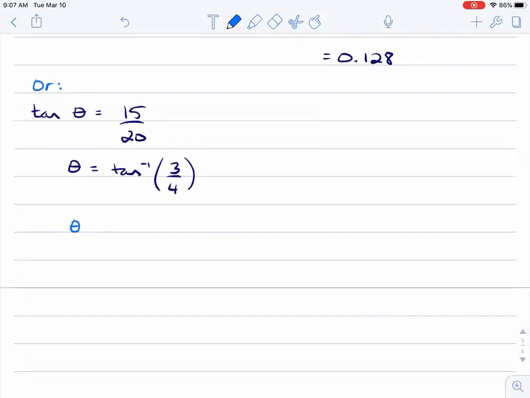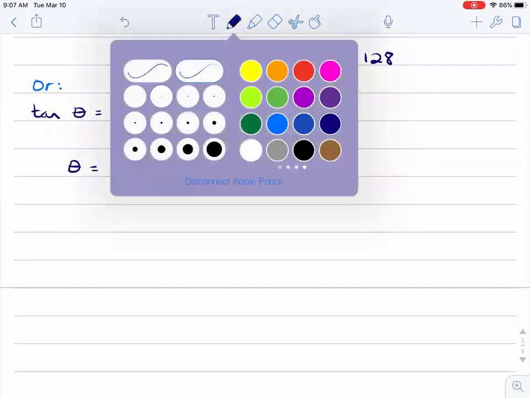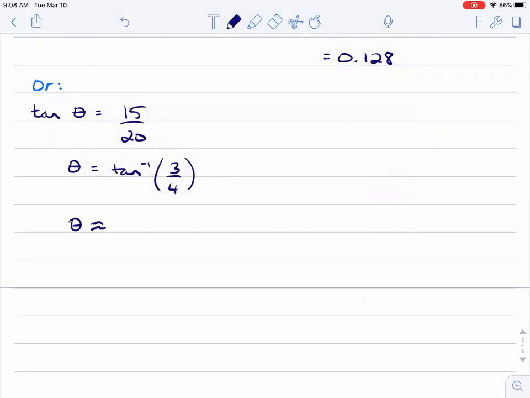Theta is approximately 0.6435. I'm going to keep, of course, all my decimal places in here.